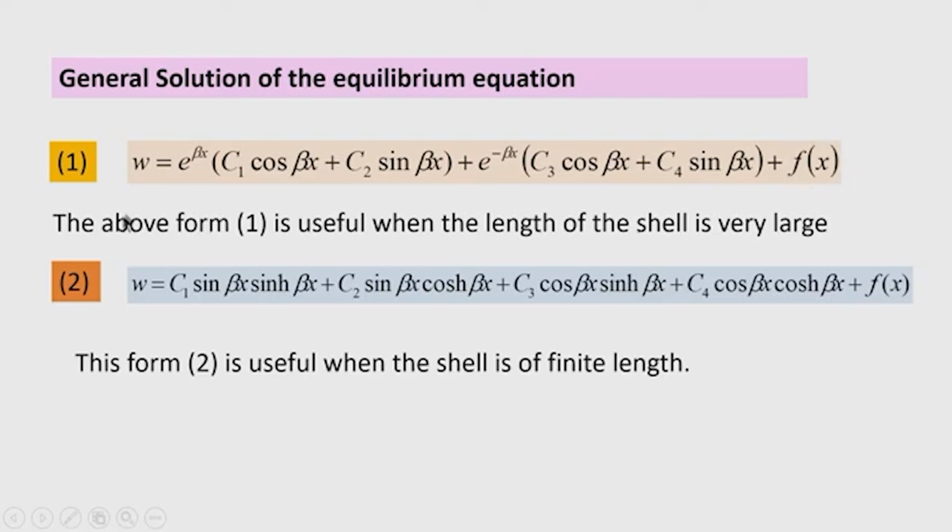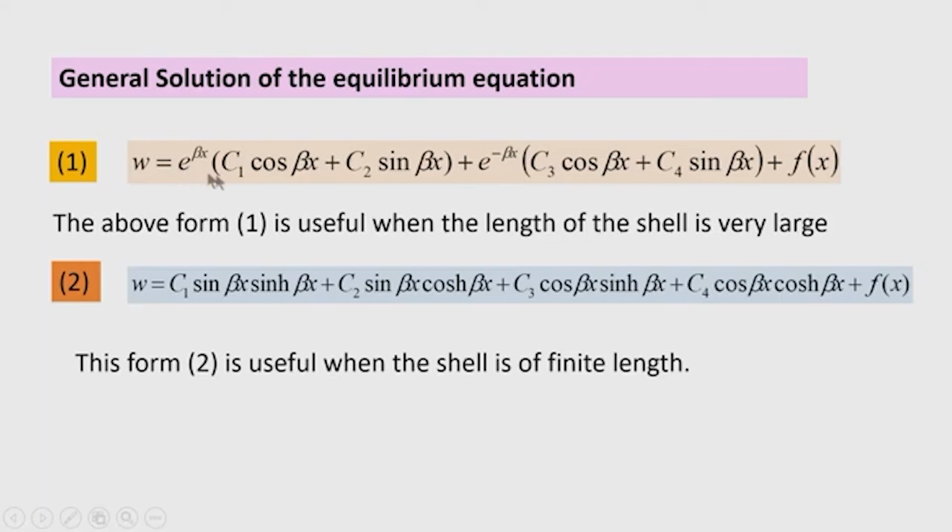Now, here one interesting thing you can note, that e to the power beta x can amplify the deflection or decrease the deflection if it is associated with a minus sign, because beta is always positive, because it contains the material properties and the shell dimensions, which are positive quantities.